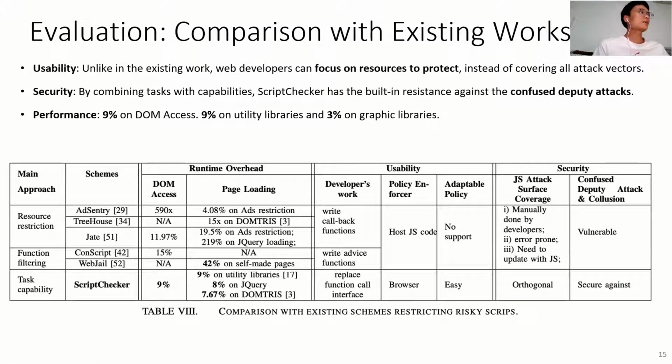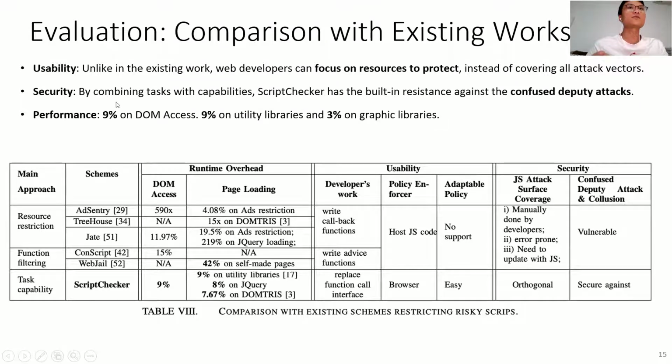We also compared our approach with existing works from the perspective of usability, security, and performance. The results show that since our approach focuses on the resource to protect instead of covering all attack vectors, developers can restrict third-party scripts more easily.